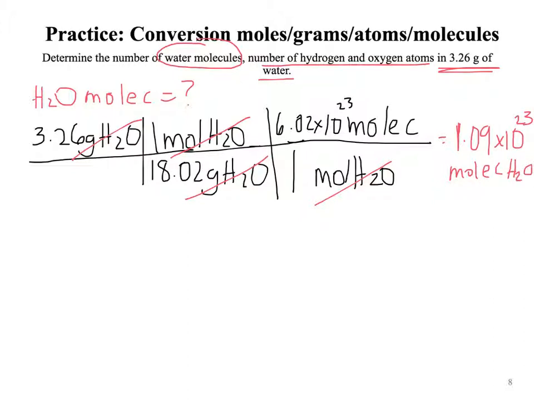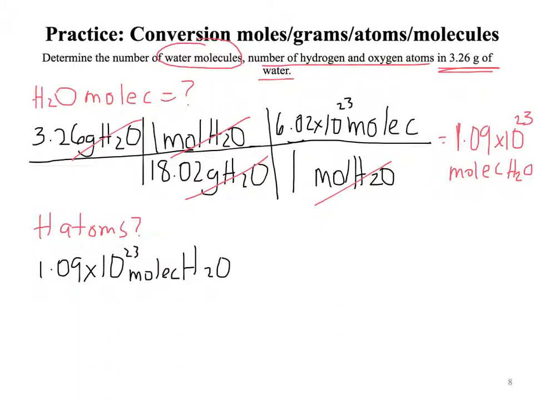Now I need to figure out how many H atoms, right? So what I do is I take the number of molecules I calculated, which is 1.09 times 10 to the 23rd molecules of water, and I use my ratio, meaning I'm going to use my subscripts.